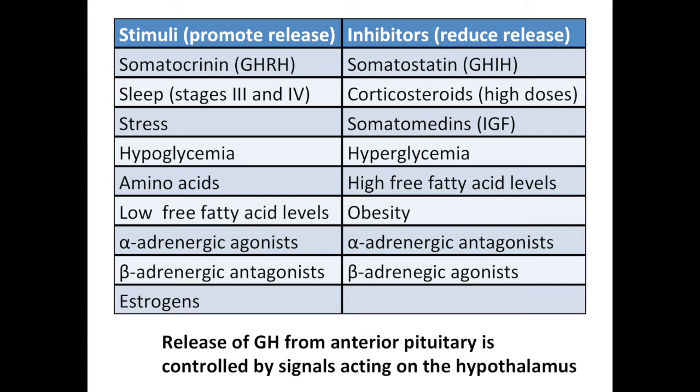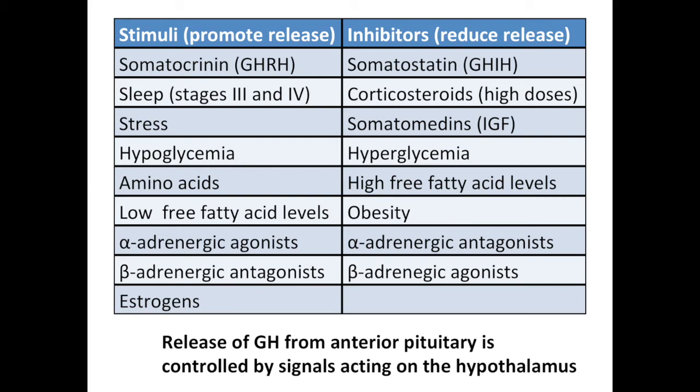High amino acids in the plasma will stimulate the release of growth hormone to enhance their utilization for growth. Low free fatty acids goes along with fasting and starvation, and then different adrenergic agonists and antagonists will stimulate its release, as will estrogens.